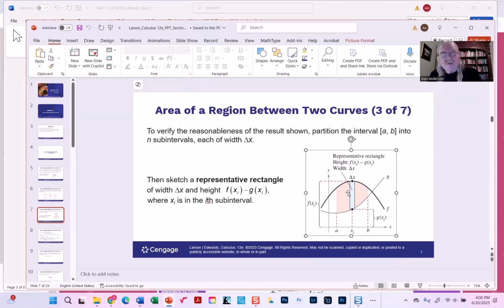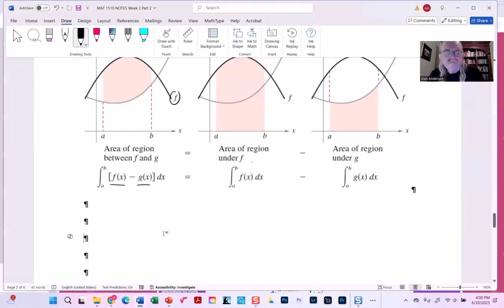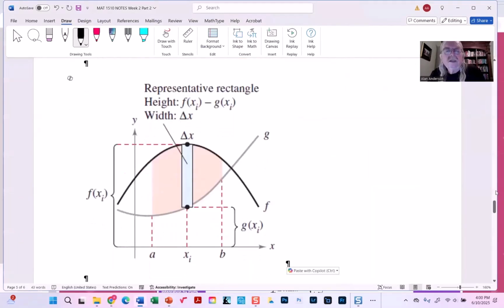Let me copy this into my notes one more time so you can see it better. They're asking you to visualize that for each x sub i in this interval, there's a rectangle that represents the gap between the two curves. They're going to put a series of these inside these two curves to come up with results that we need. We'll see what that leads to in a bit.